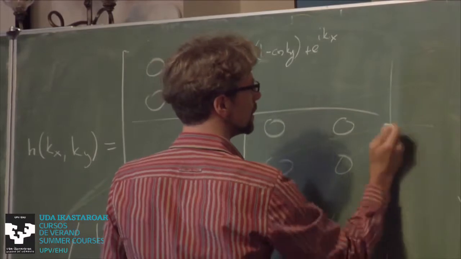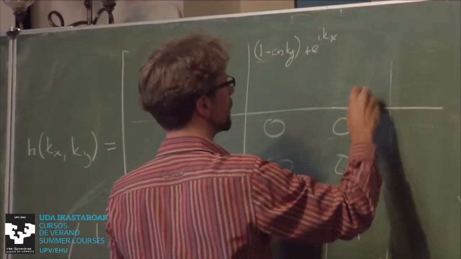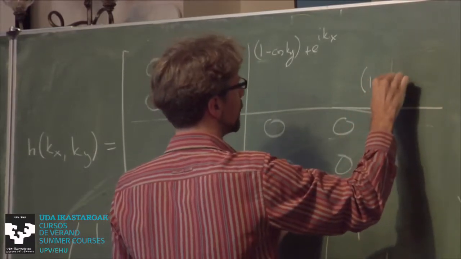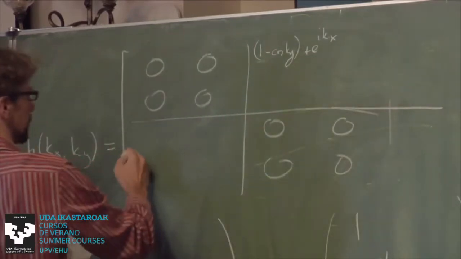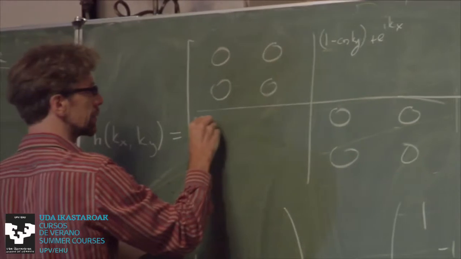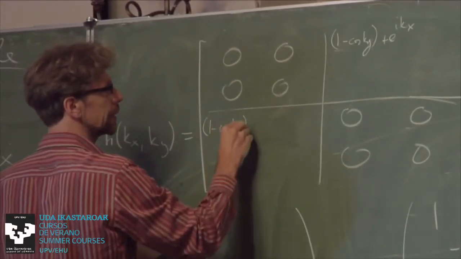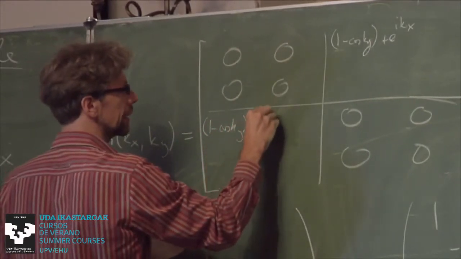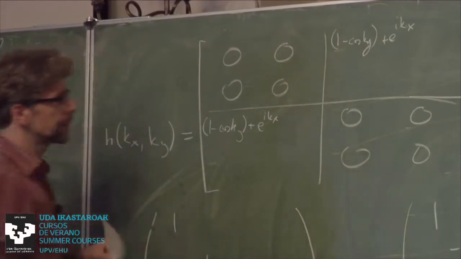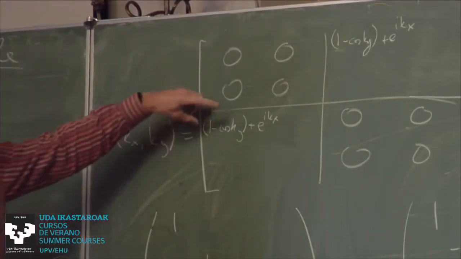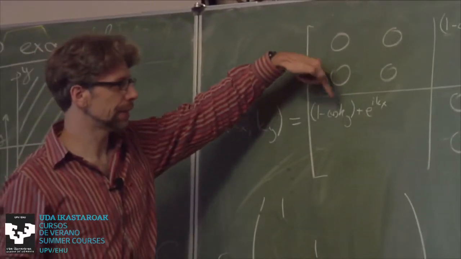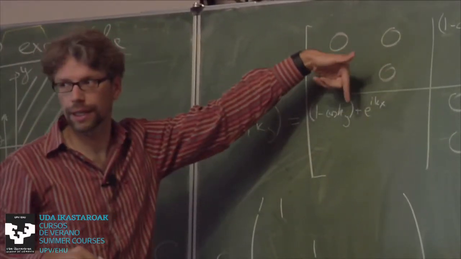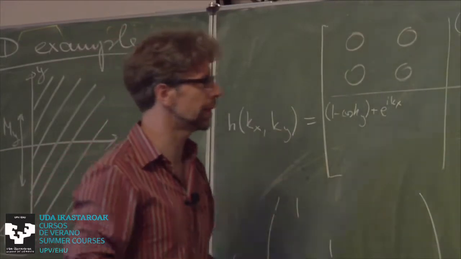Now let me just copy it here: 1 minus cosine ky, e to the i kx. So that will be one of these systems that changes from being an SSH chain at ky equal to 0 to being a trivial system at ky equal to pi.